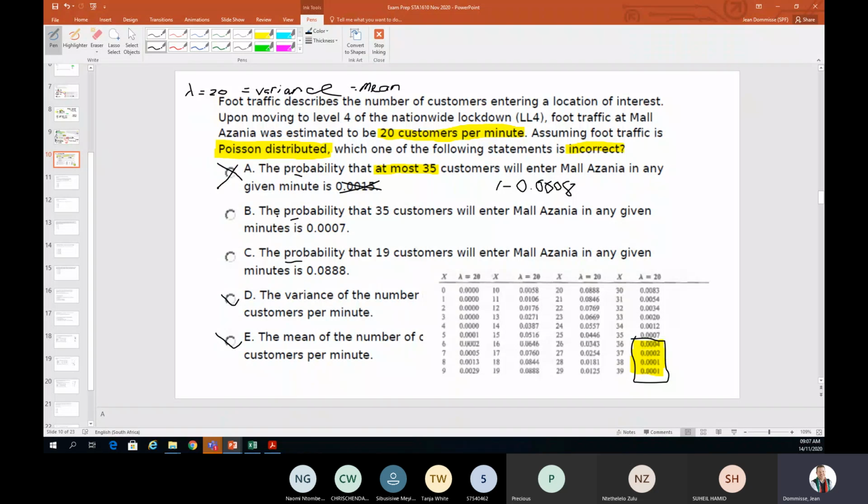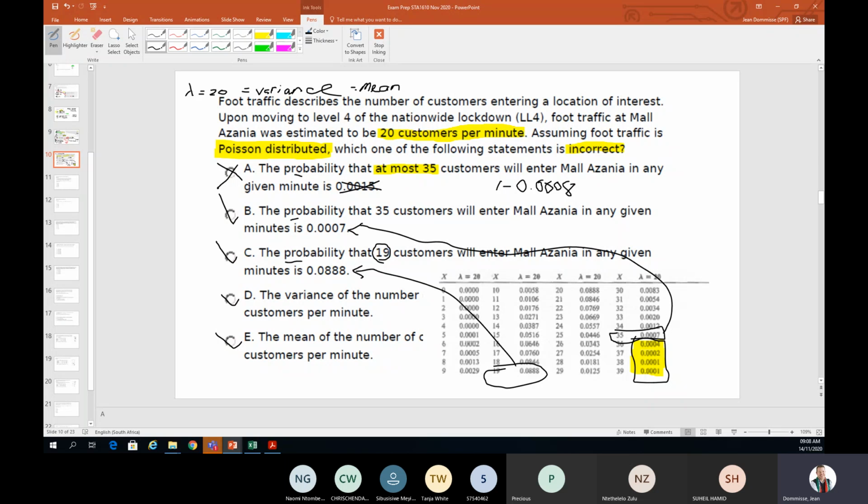But let's look at the probability that 35 customers, so only 35, correct. The probability that 19 customers will enter, 19, correct.